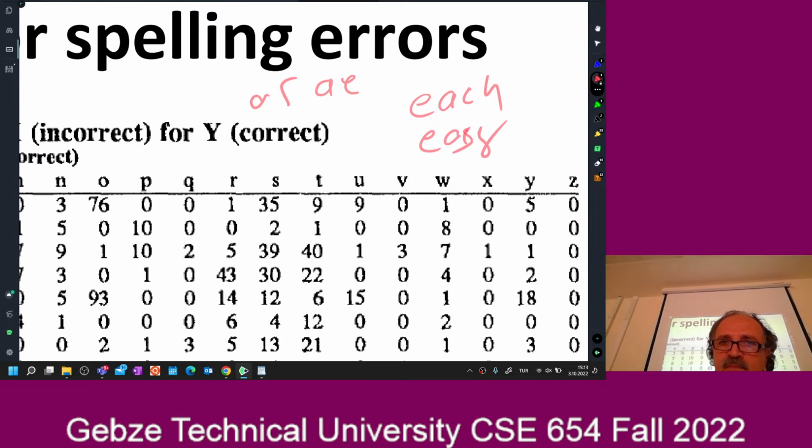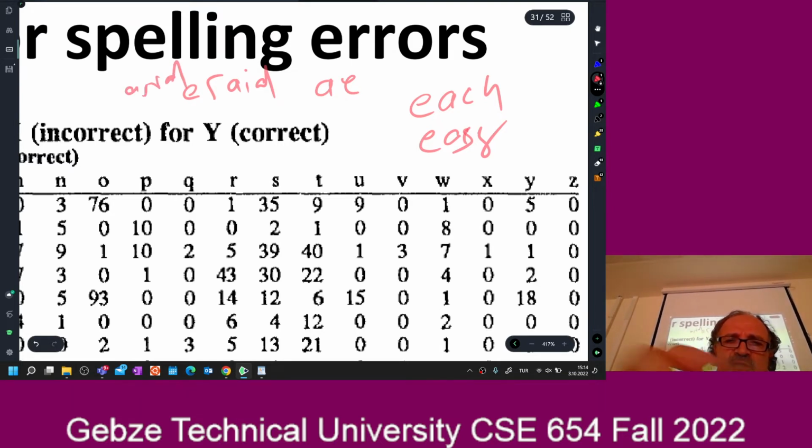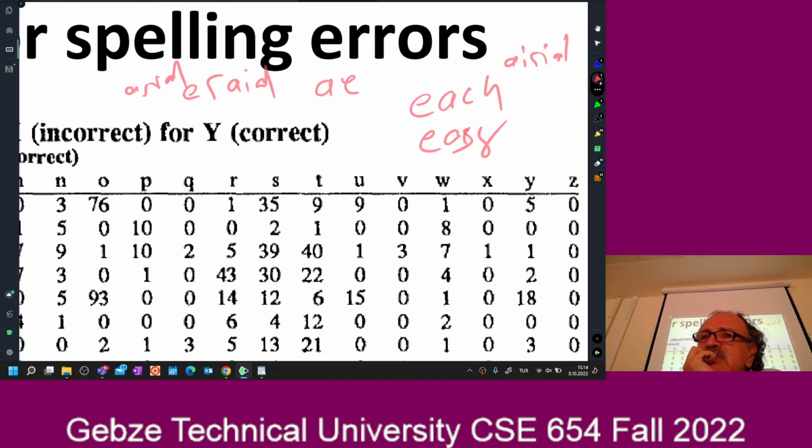Like in air. Aerial, yeah. Aerial, right? Well, is aerial like that? I don't see it. Aerial. Where is it? Instead of I, there is an E. Really? This is an E?